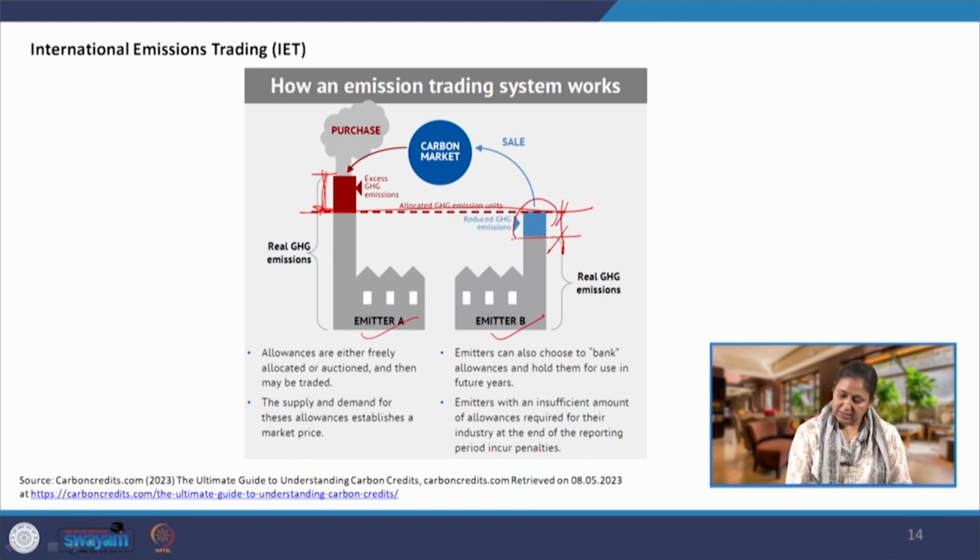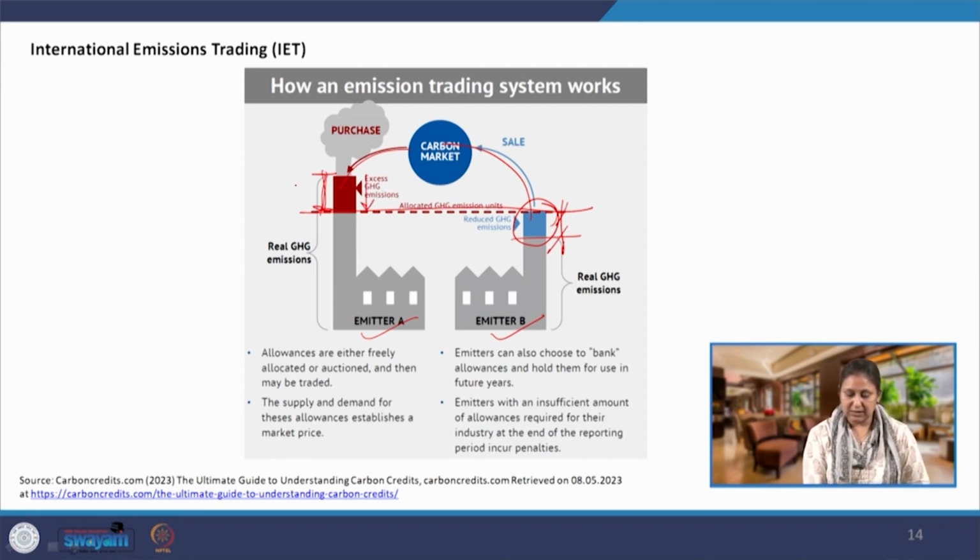So, this is the credit that emitter B has earned. These are the units that it has earned, and it can sell these units in the carbon market, the international emissions trading, through this particular mechanism IET, and then emitter A buys these credits, and it will further reduce.